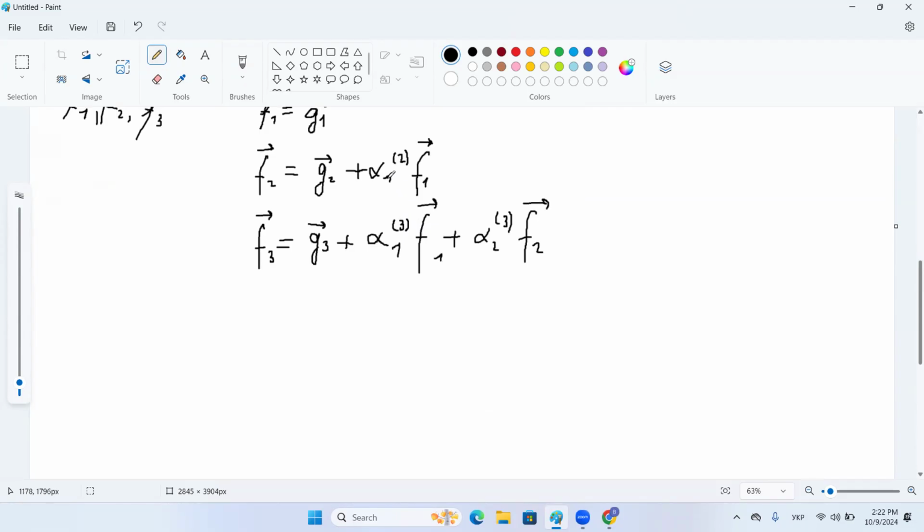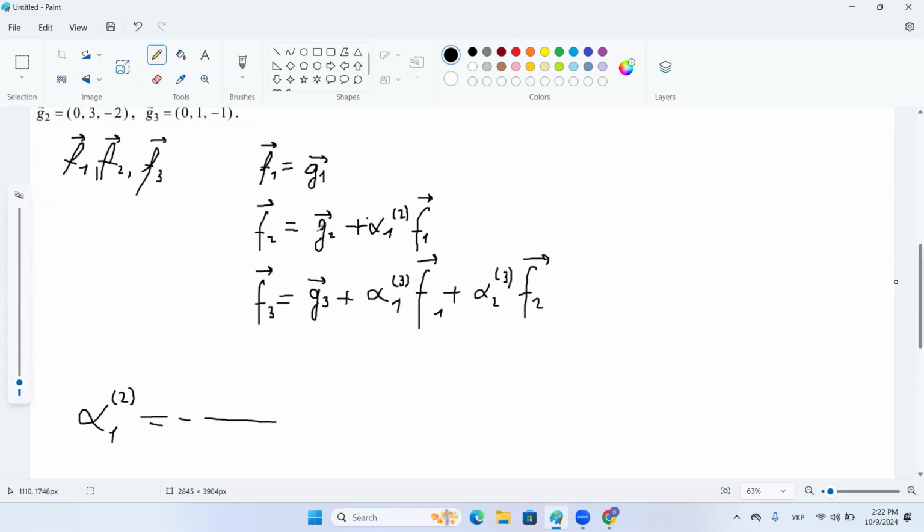So firstly, we need to find alpha 1, and how to find it, basically. To find this coefficient, alpha 1, 2, it can be found in such a way.